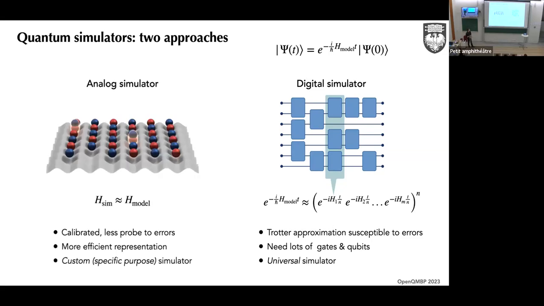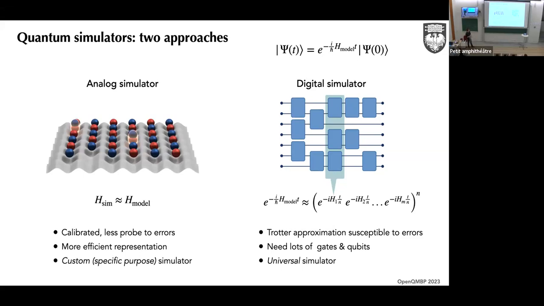Then there's the analog approach, where you want to implement your model Hamiltonian directly in the lab. The nice thing about this is that if you can implement your model, it can be simulated very efficiently. But of course, the disadvantage of this approach is that you're limited to simulating only a certain class of many-body models, provided that you can implement them in your lab.